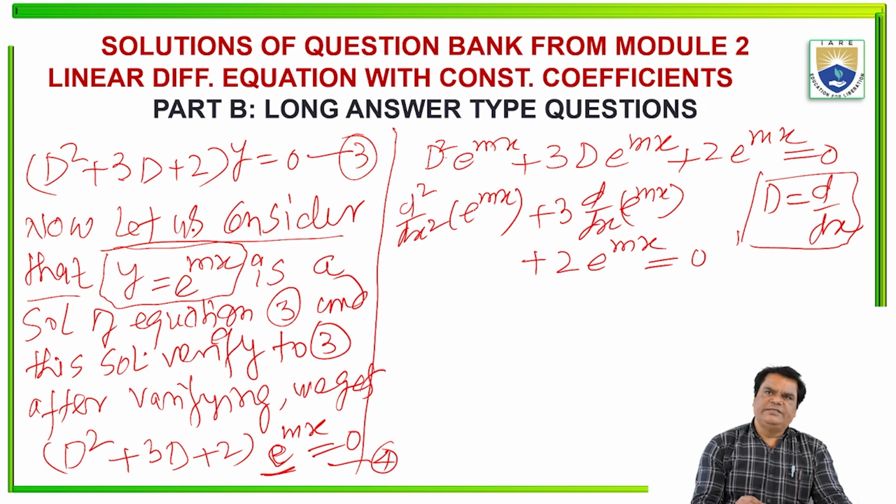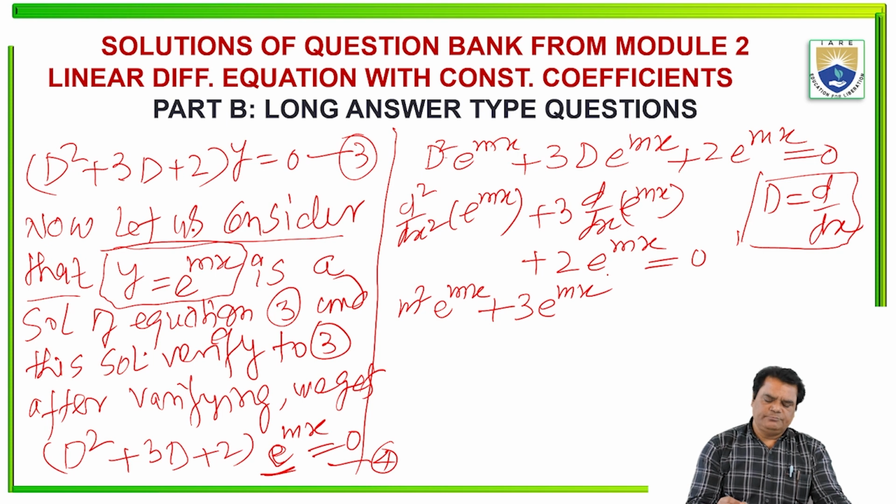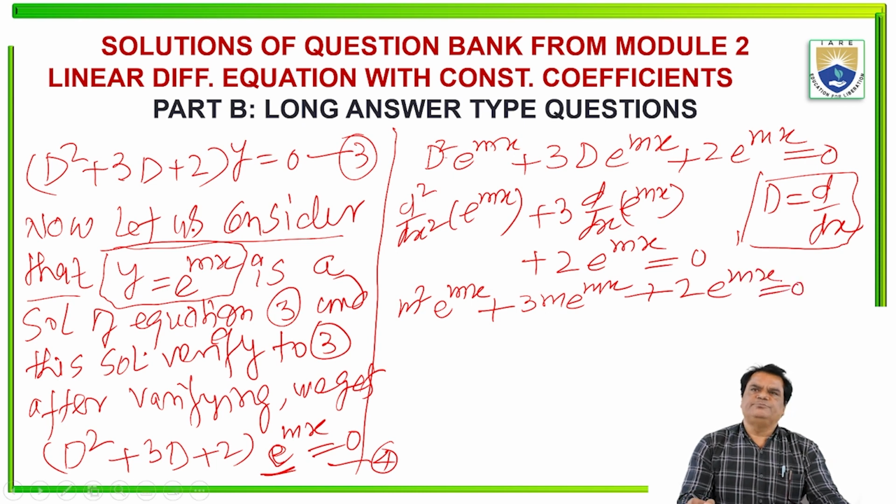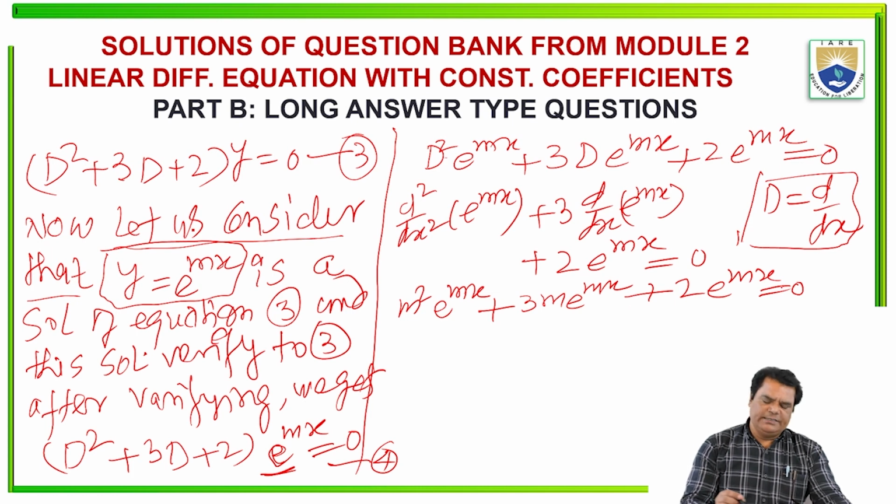Now differentiating, we get m square e to the power mx plus 3m e to the power mx plus 2 e to the power mx equal to 0. After verifying, we get this.